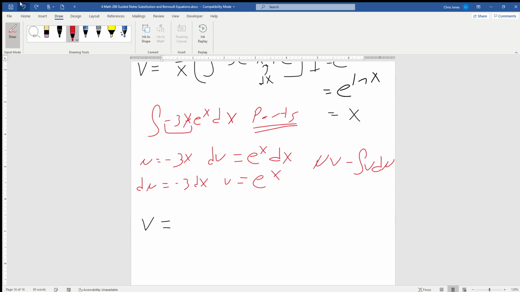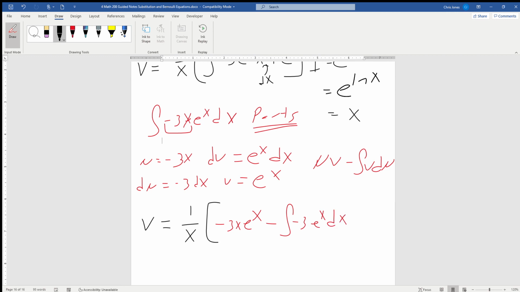But hopefully you all get the idea that we're just integrating what's inside. So that's going to be 1 over x. And from our parts formula, uv is going to be negative 3x e to the x minus the integral of v du, which we can write as negative 3 e to the x dx.